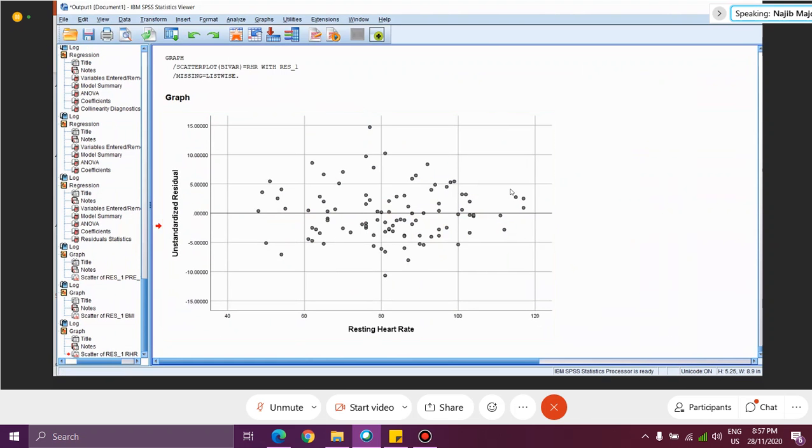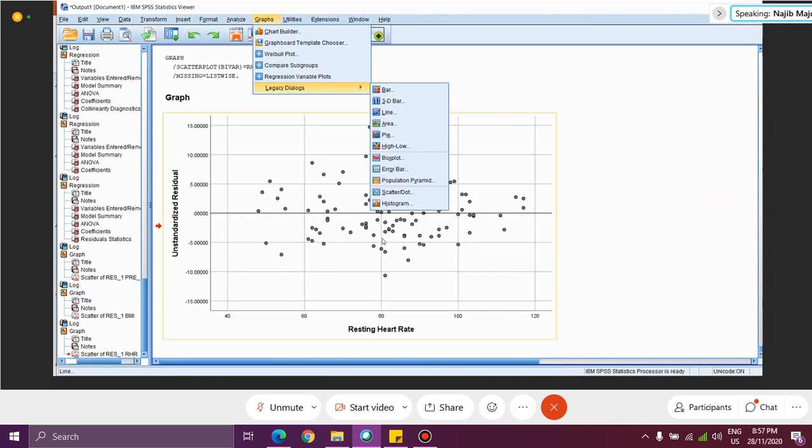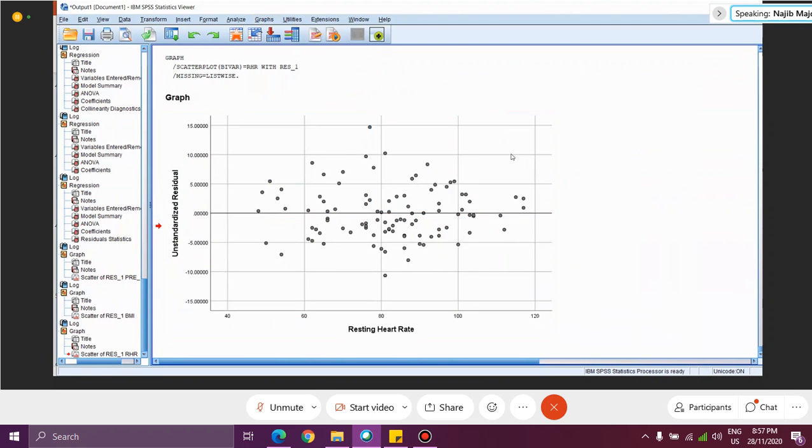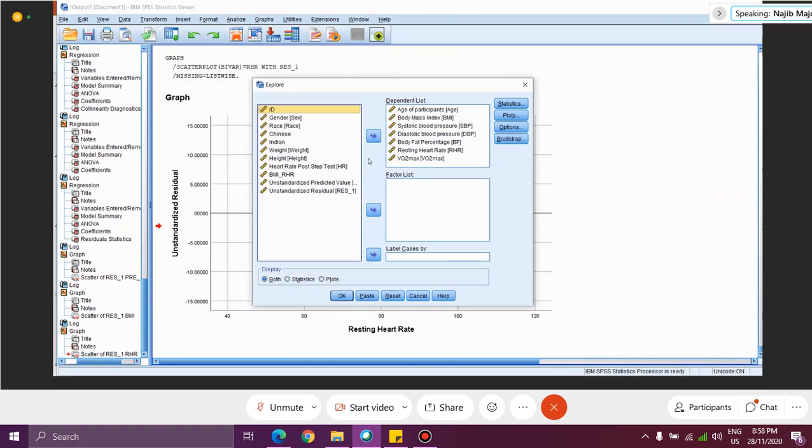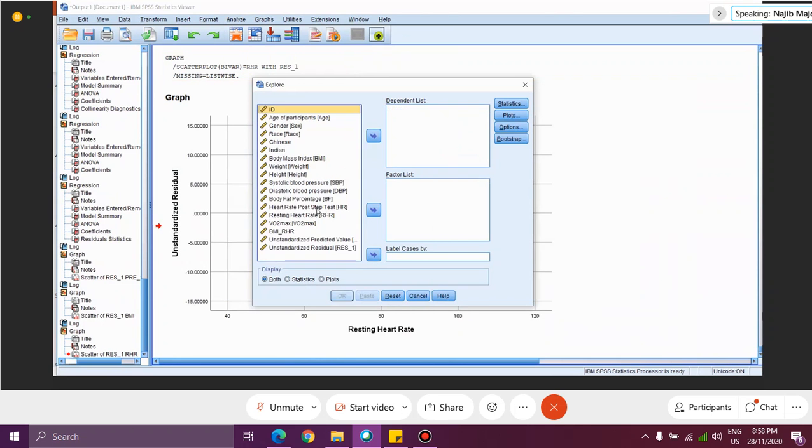So what else? We can check the assumption of normality based on a histogram and also a box and whisker plot. Okay, you can use the option here, box plot and histogram, or you can straight away use the Explore function, the Explore menu. Use the residual.